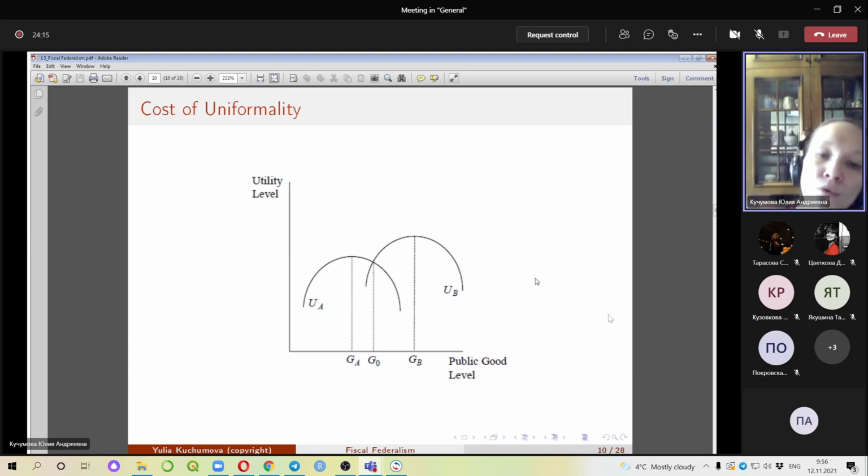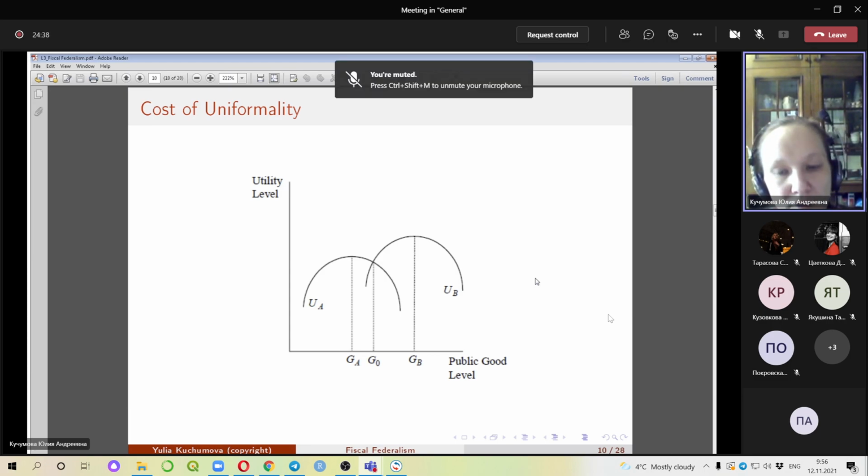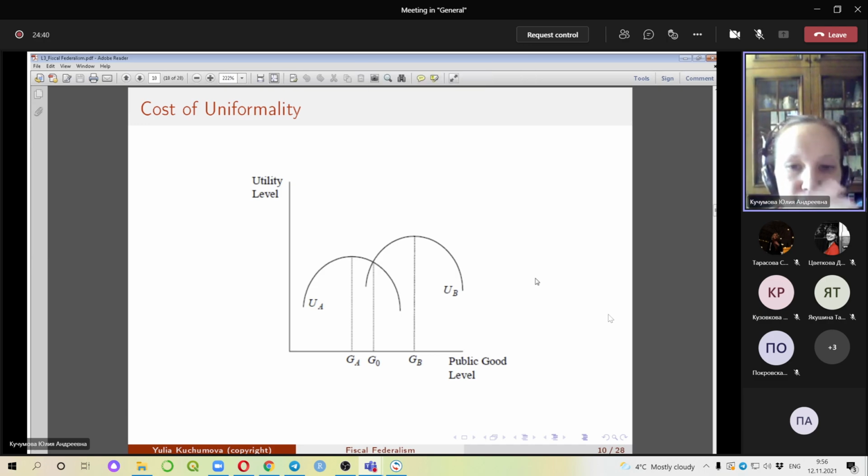Because if we try to move G0 closer to the GA point, then people in group A feel better and get higher social welfare, but then people in group B suffer, and there's always somebody who ends up with utility losses here.